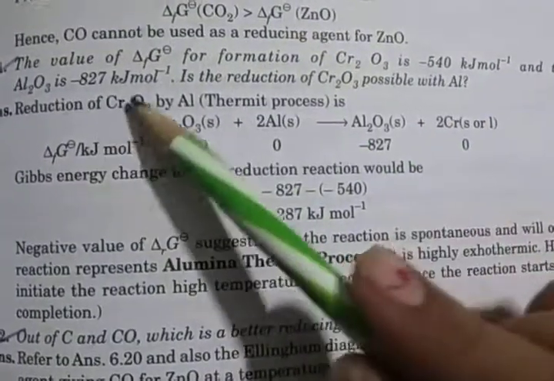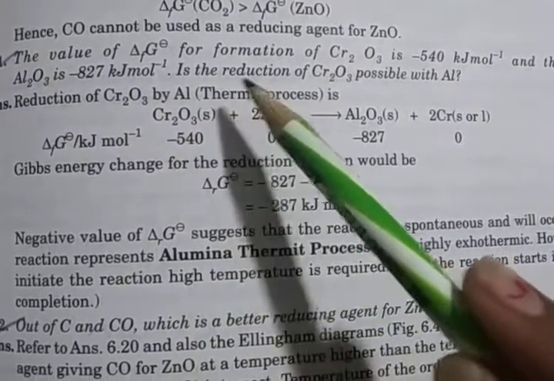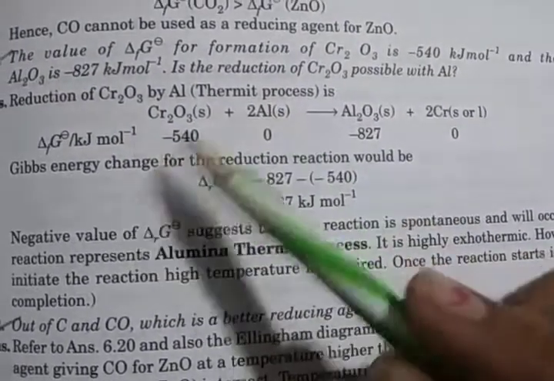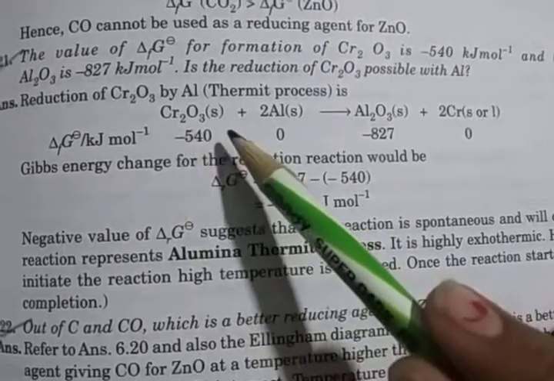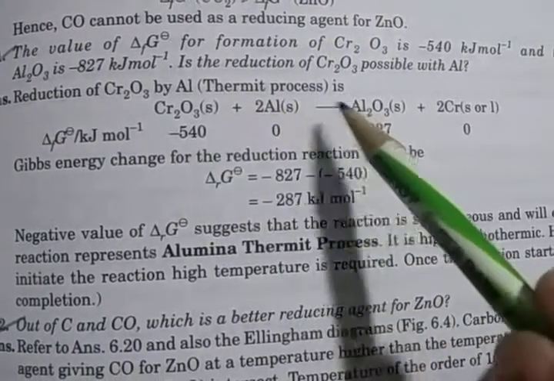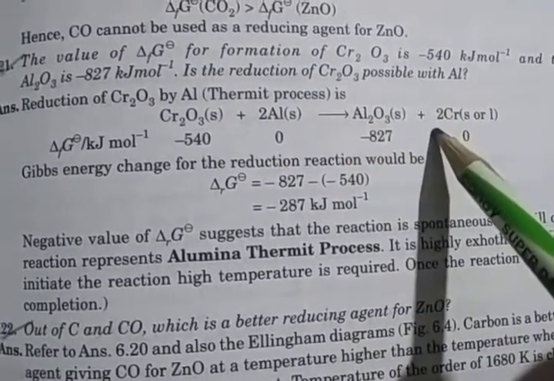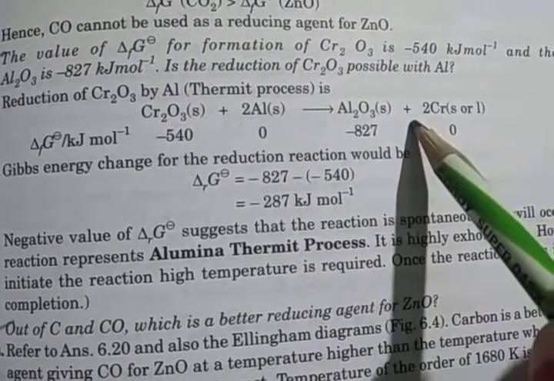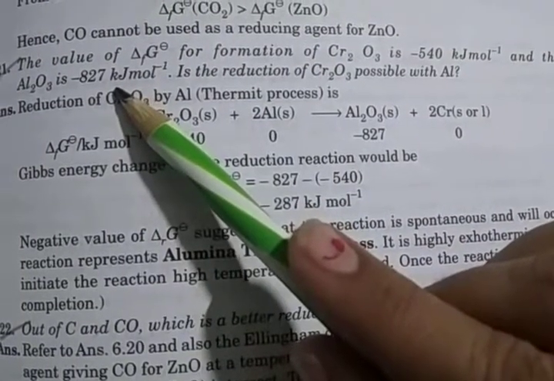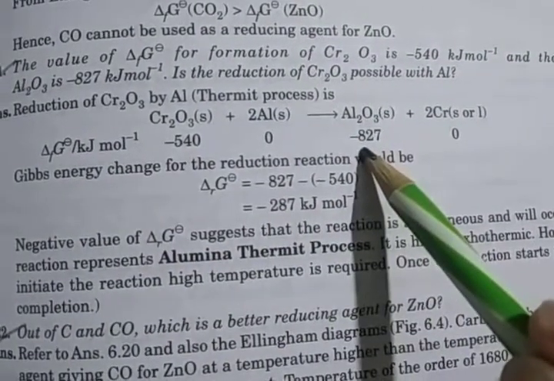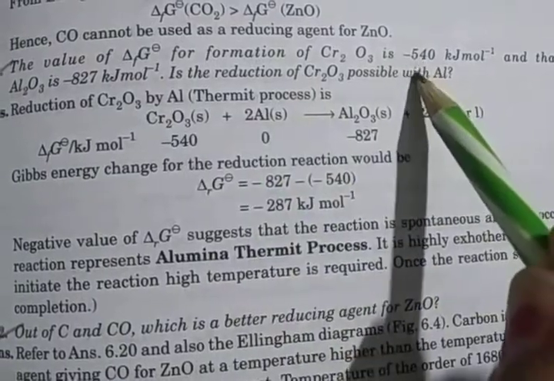The reduction of Cr2O3 by aluminium is the thermit process. Cr2O3 plus 2 aluminium reacts to give Al2O3 and the byproduct chromium. Here, for Al2O3 the energy given is minus 827 and for Cr2O3 minus 540.